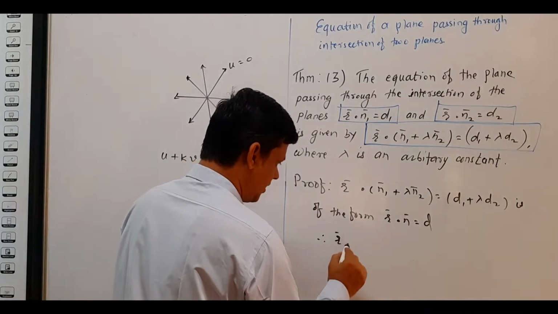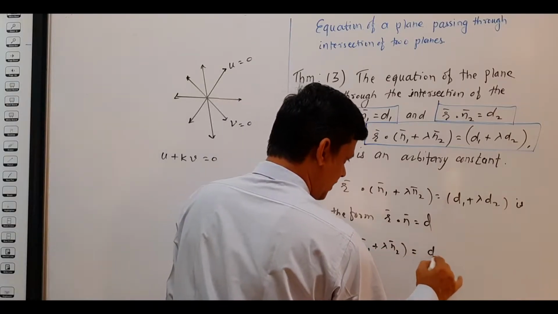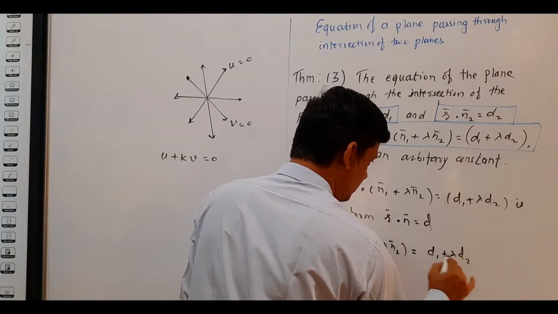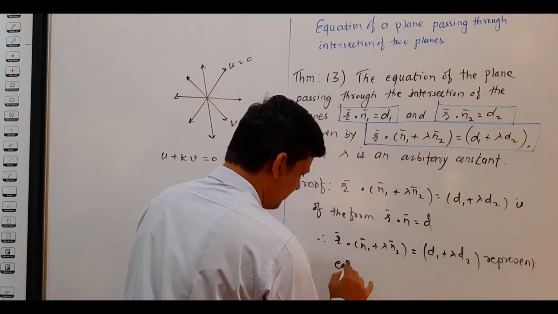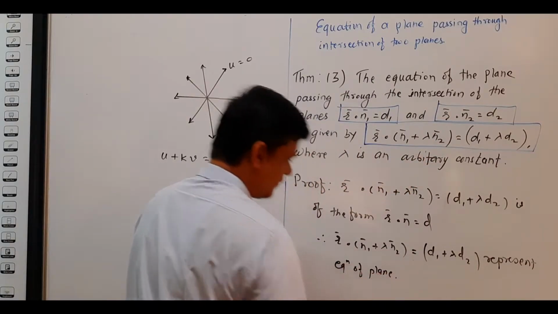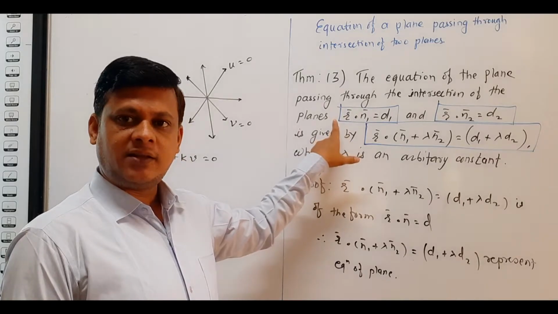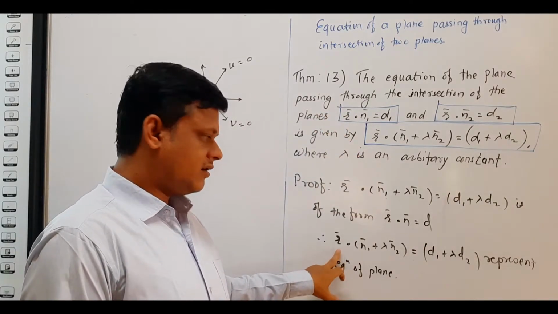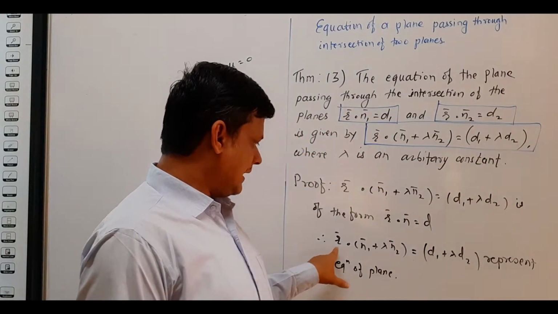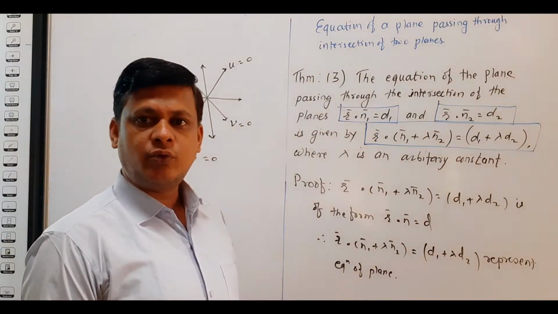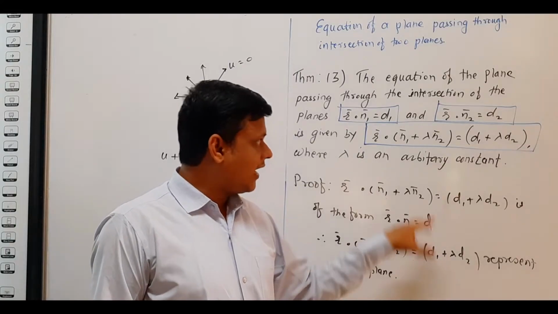Therefore r bar dot n1 bar plus lambda into n2 bar is equal to d1 plus lambda into d2 represents equation of plane. Now we have to show here, if a point lies on this first plane, then that point lies on this plane. If a point lies on this second plane, then that point lies on this plane. That means when we consider a point on this plane, that point lies on both the planes.